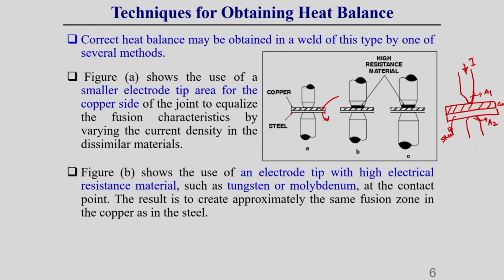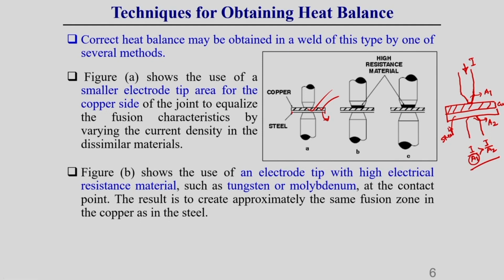So, the current density I by A1 will generally be higher than I by A2, because this has the lesser cross-section. So, due to this higher density, the heat balance phenomenon will be there. That means, by varying the current density in the dissimilar materials, we can equalize the fusion characteristics in these two dissimilar materials.